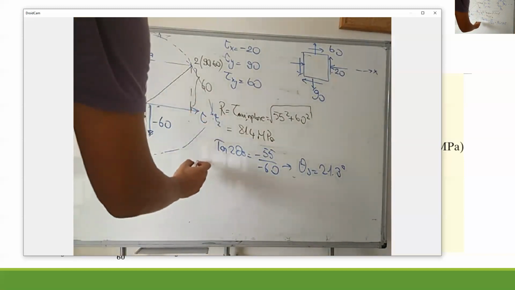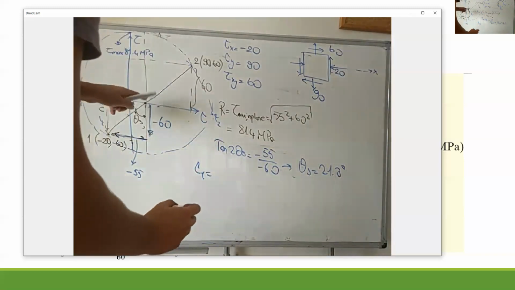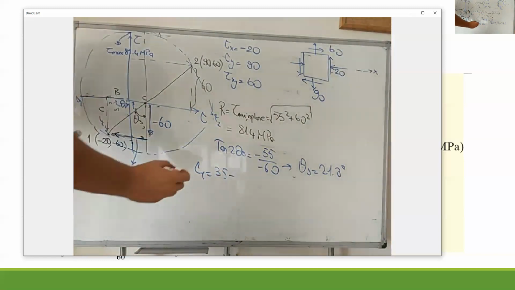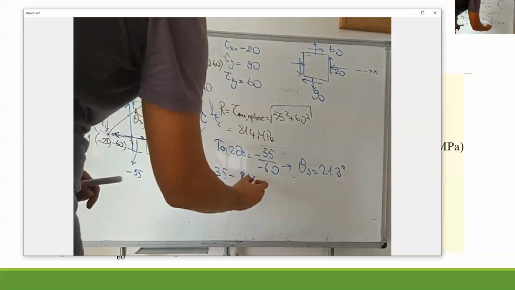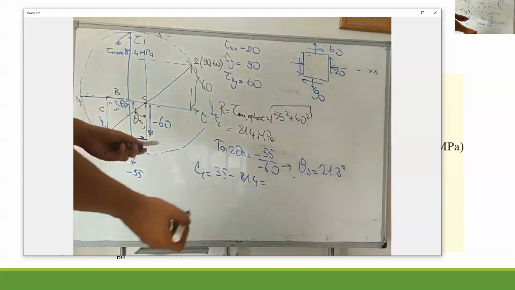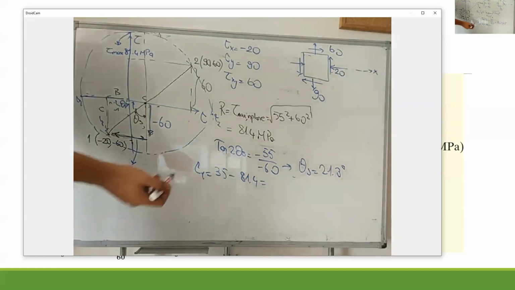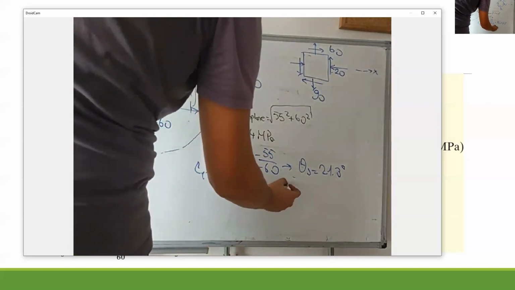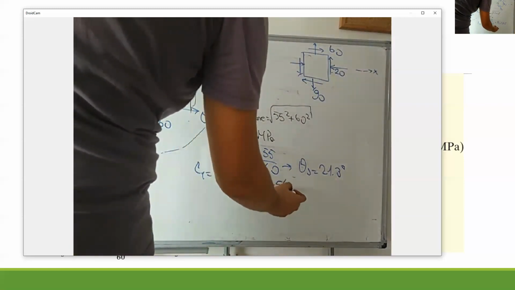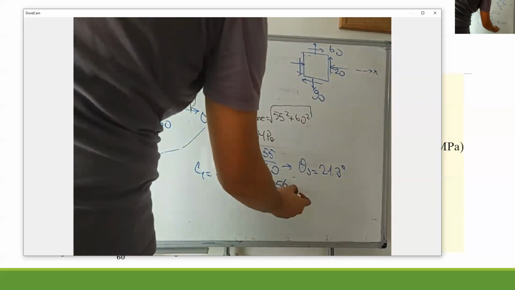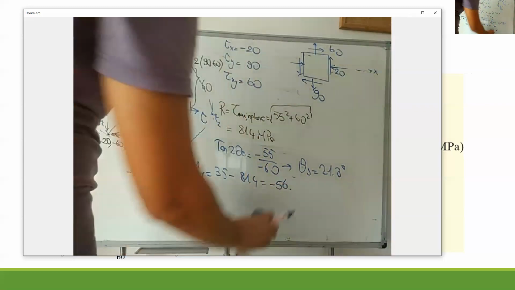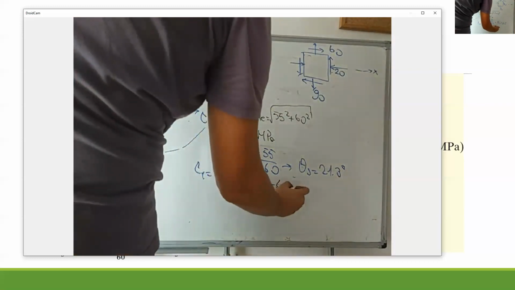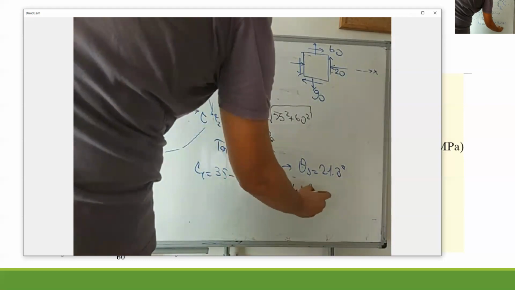So sigma 1 is equal to 35 minus, what is the maximum? 81.4 is equal to, I'm not good at the calculator, but I think that minus 56 point, no, not 56, 46.4 megapascal.